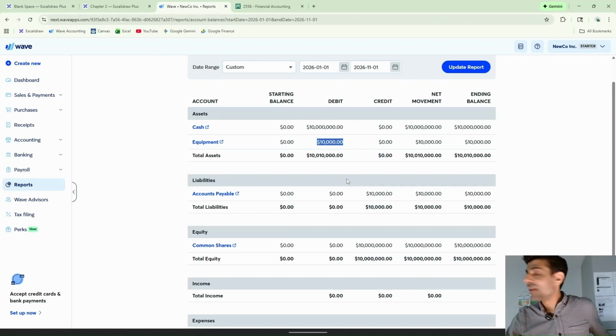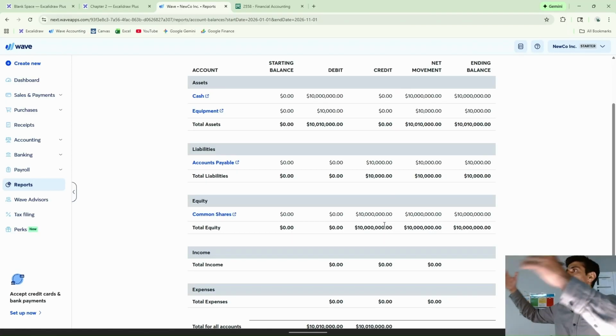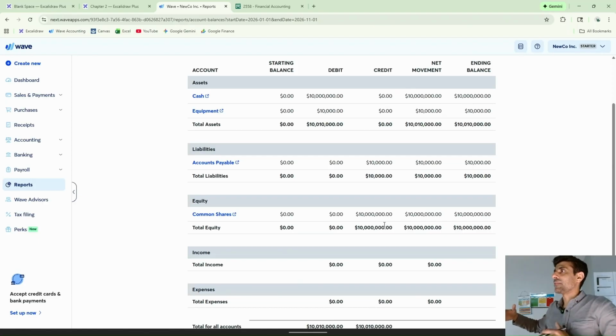And now I have equipment, debit balance, 10,000. So this is my total assets. Accounts payable, I have a credit now, 10,000. And then common stock, credit balance, 10 million. So that journal entry updated the balances for these two accounts.